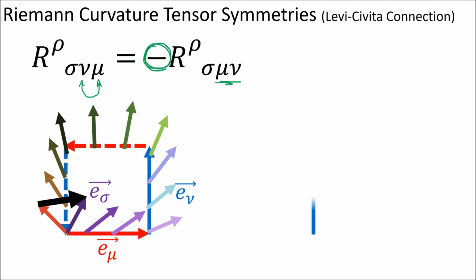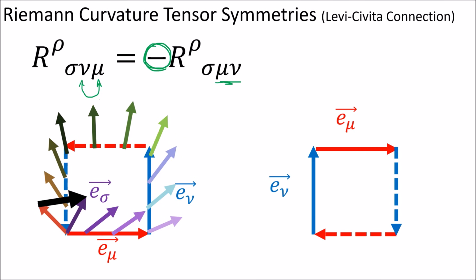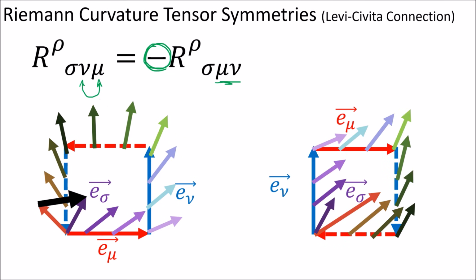If we swap these two vectors, this corresponds to going around the loop in the opposite direction, which means that the parallel transported vector gets twisted in the exact opposite way. So the output vector points in the opposite direction, meaning it is the negative of the original output vector.